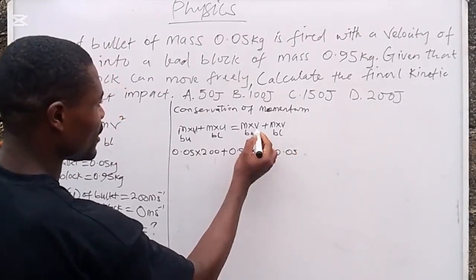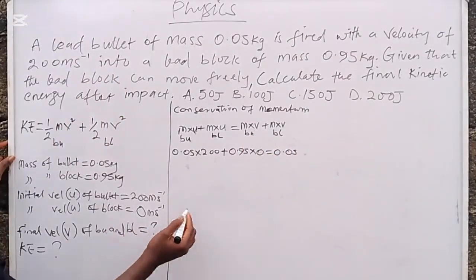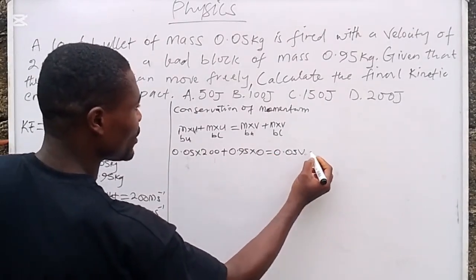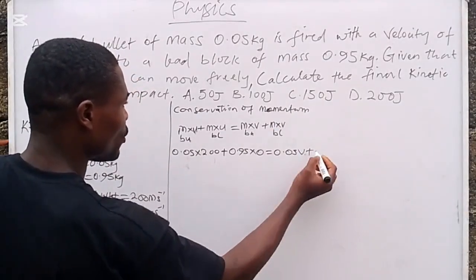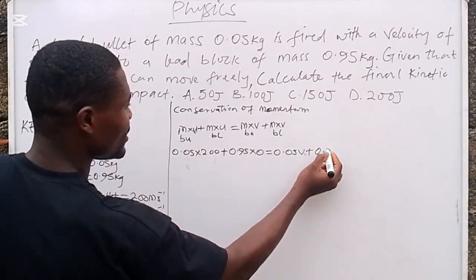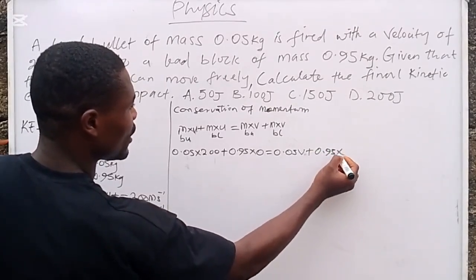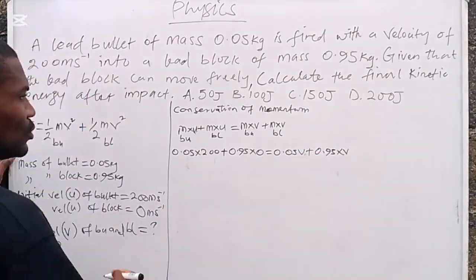That's the final velocity, which is what we are trying to determine. So this is unknown, plus the mass of the block, 0.95, times v, still unknown.